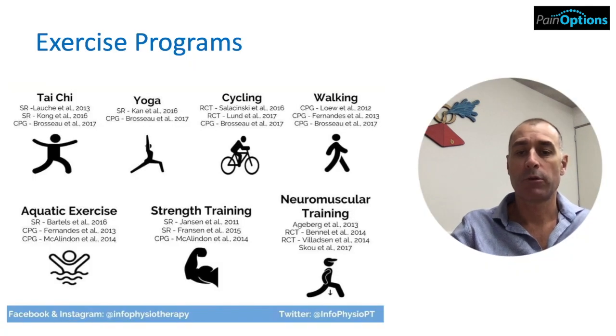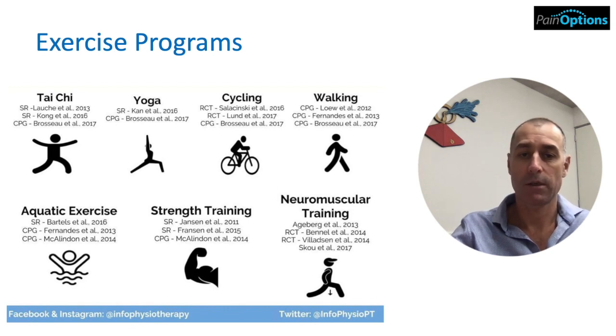So this is a summary graphic of the different exercise programs that have been suggested for knee osteoarthritis, and as you can see there's some degree of evidence behind a whole different range of exercise types. And arguably the most important thing for people with knee osteoarthritis is for them to engage in exercise.